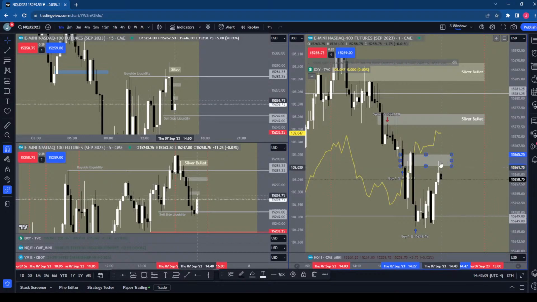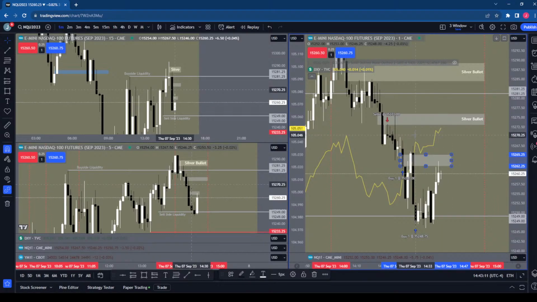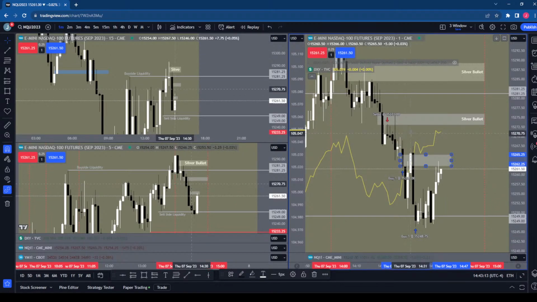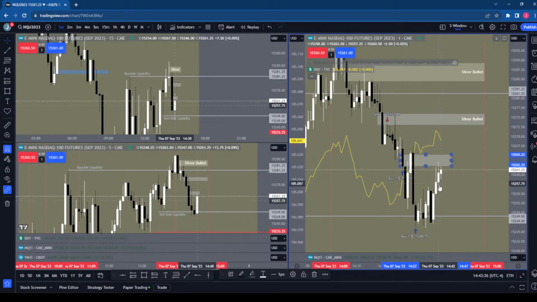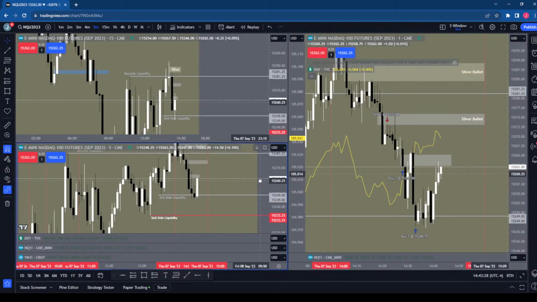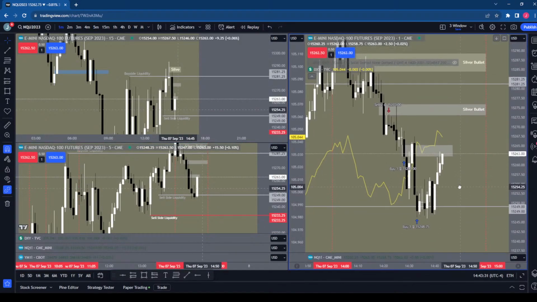Retracement. Looking at the dollar, it seems like the dollar does want to stay above this high right now. We had the close above it. Let's see if the dollar wicks above this high and then starts to go lower. We're probably going to see a reversal. And this is another reason why partials are so important.